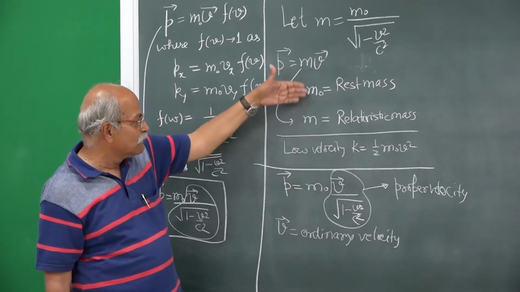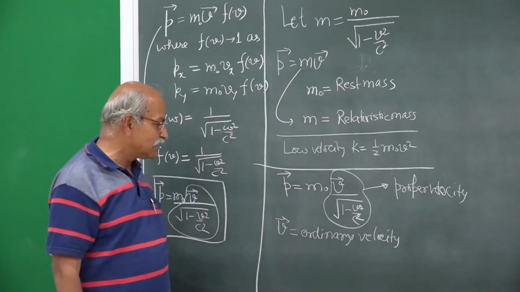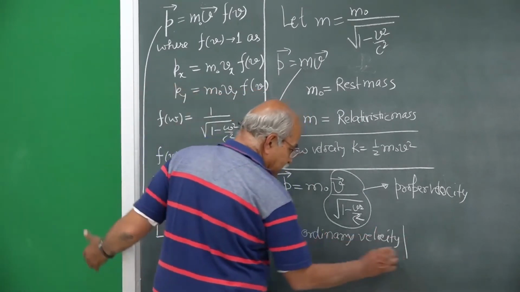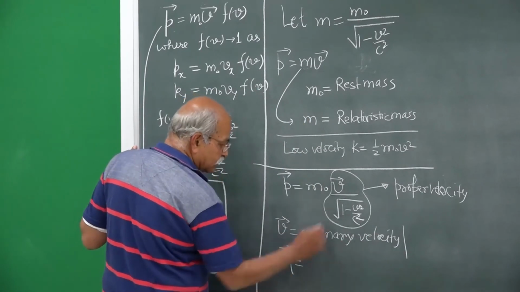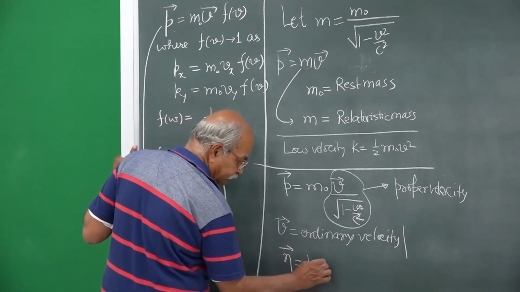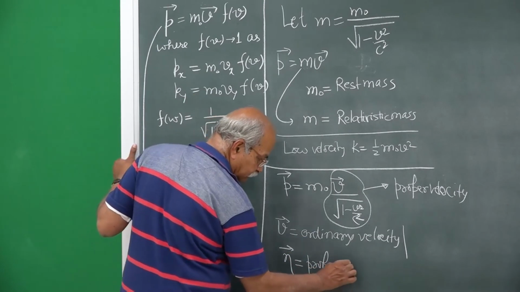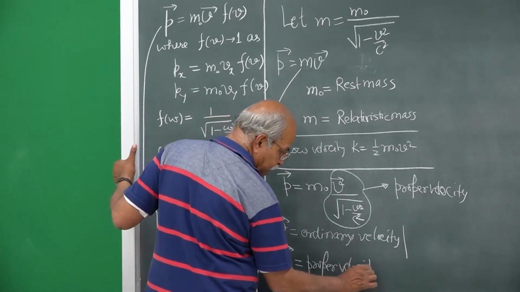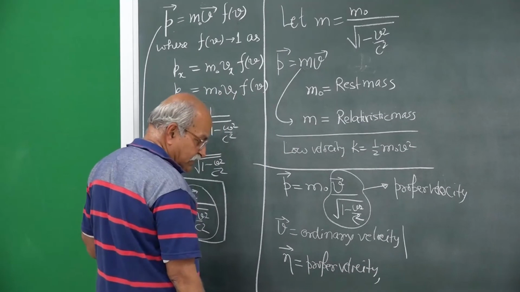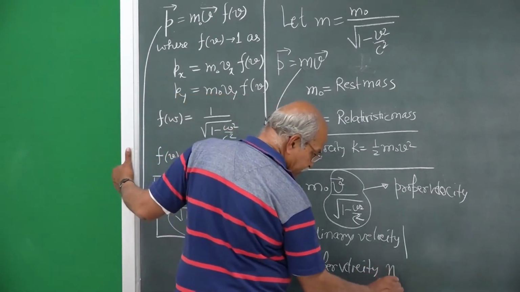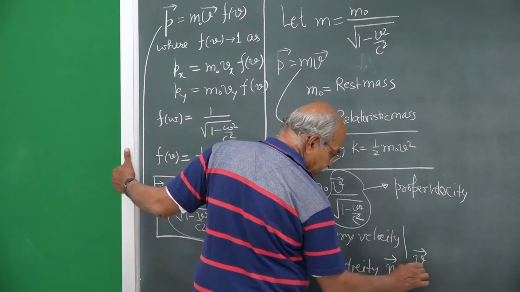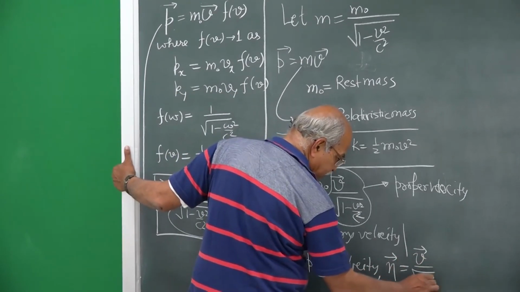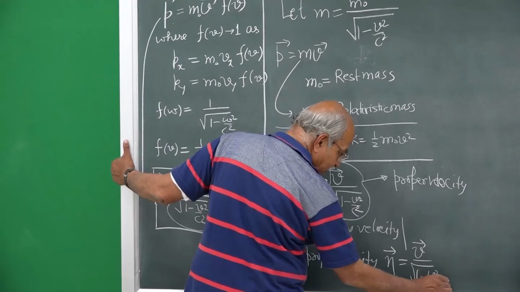Let us call it eta. This eta is v divided by square root of 1 minus v square by c square.